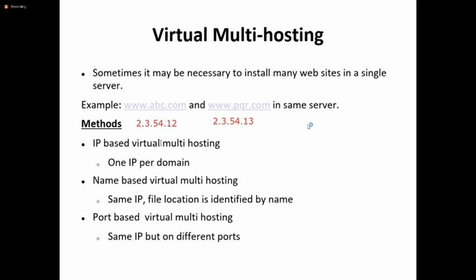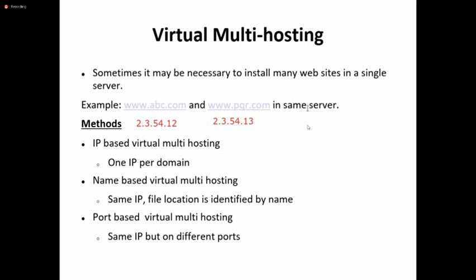So this is IP-based virtual multi-hosting. So one IP per domain, right? So per each domain you have a separate IP, right? Then whatever the traffic to this domain, you have to have more than one network card. Obviously, you can see, right? You cannot assign 2 IP addresses to the same network card or port, right? So you have to have multiple network cards or ports available in the server, right?